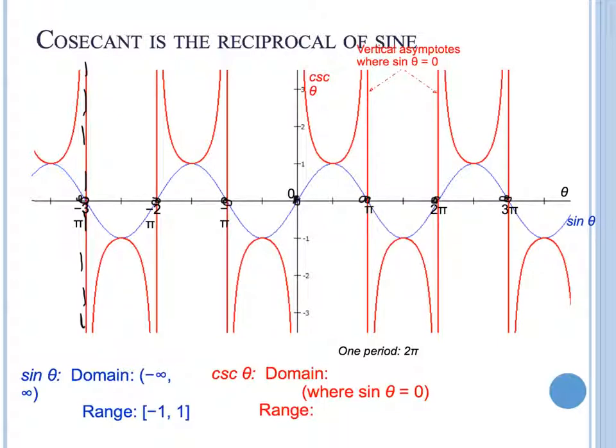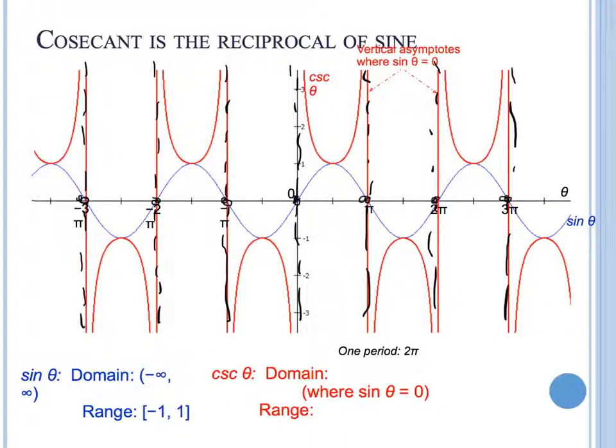So now, every place that we have our vertical asymptotes, including there at 0, there we go.